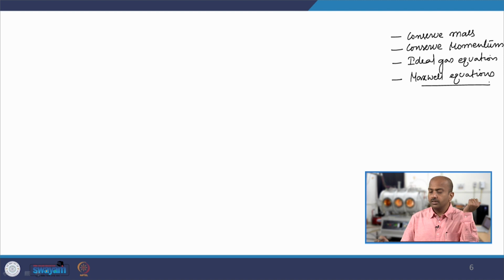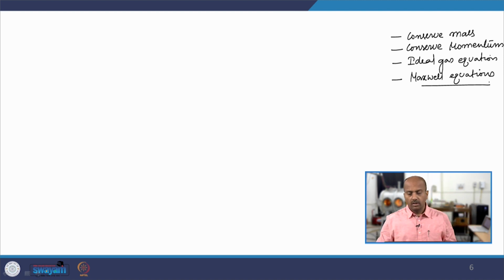So, we have already discussed what is the need for considering plasma as a fluid. Just to have a repetition: when plasma is considered as a particle, we always thought of this type of fields, let us try this type of different electric and magnetic fields and then try to understand the plasma motion.